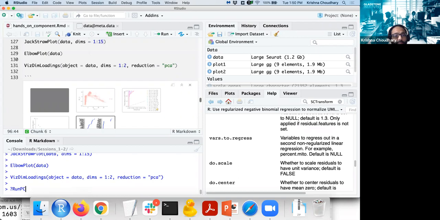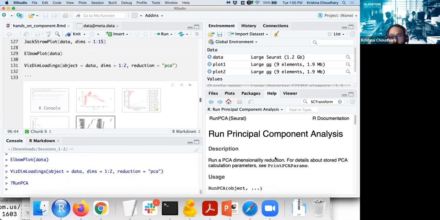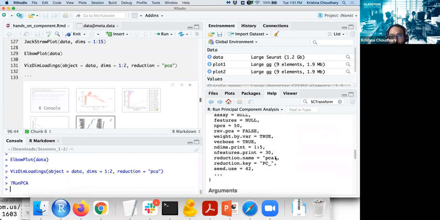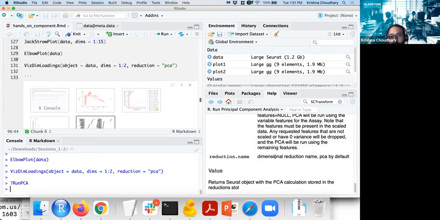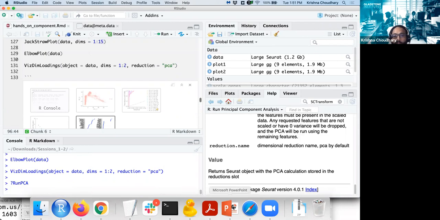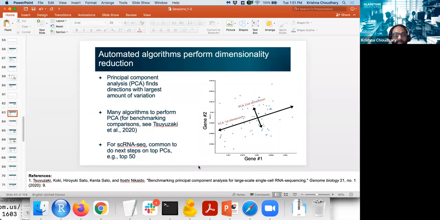I don't think there are multiple. Let's just check. I don't think there are multiple versions of PCA that you can select, although you can set some parameters. So PCA is generally considered more stable and robust. Each package has some implementation, but if you want to dig very deep, then you can look into it in more detail.